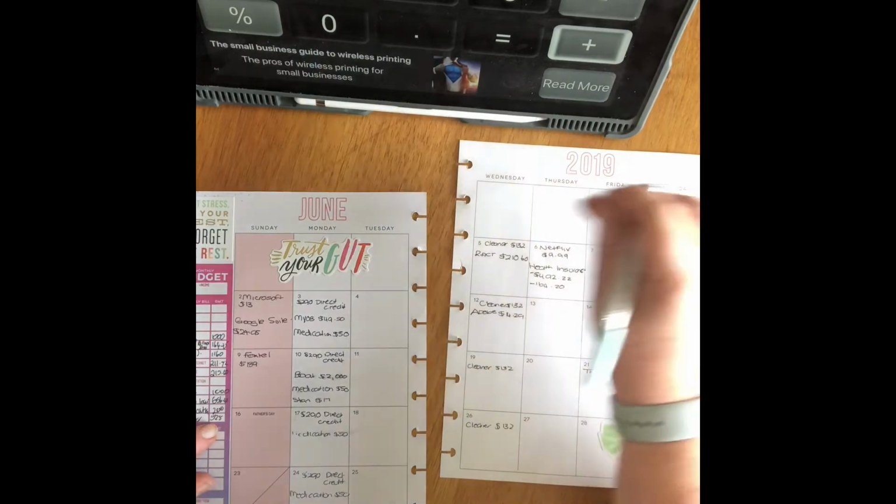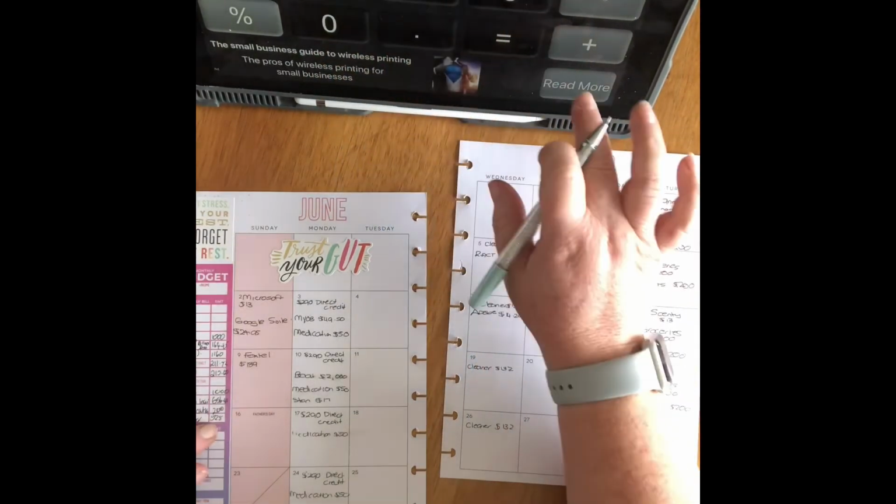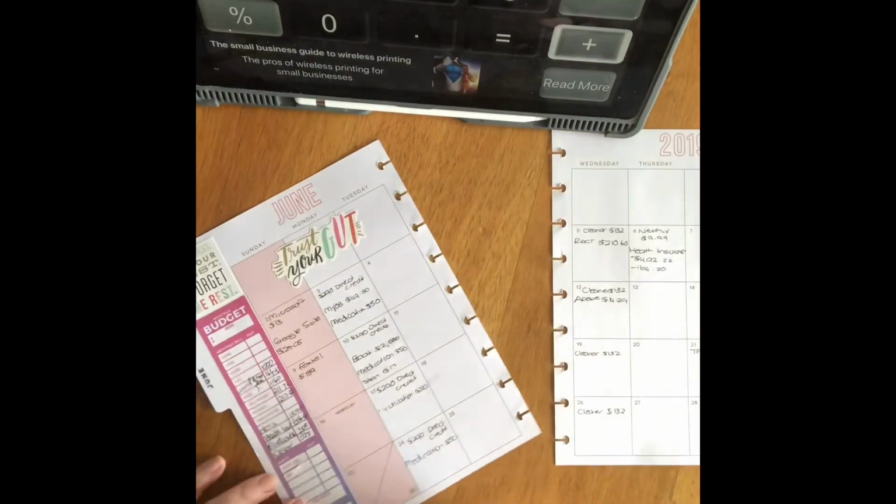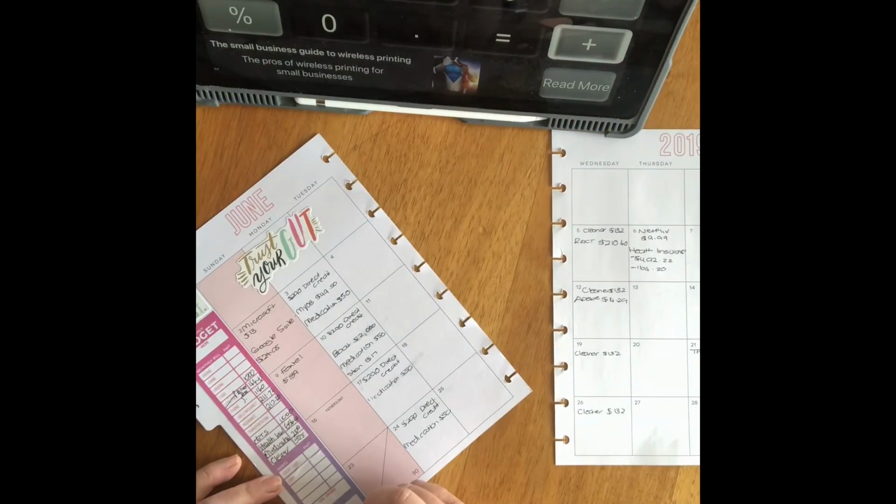And a cleaner, 528. So total expenses 5,131.68. I'm sure I'll find more.